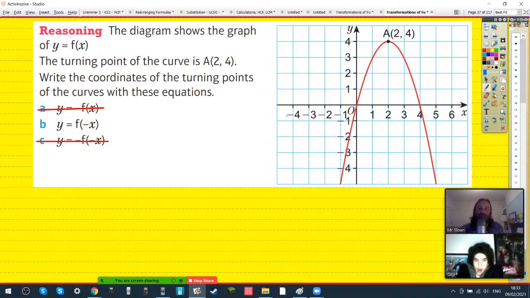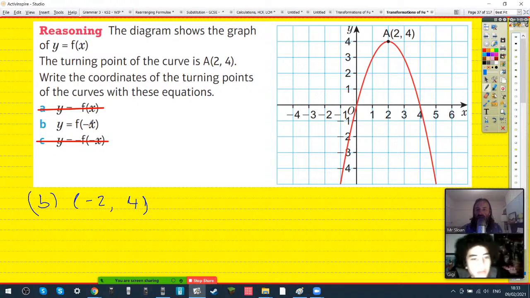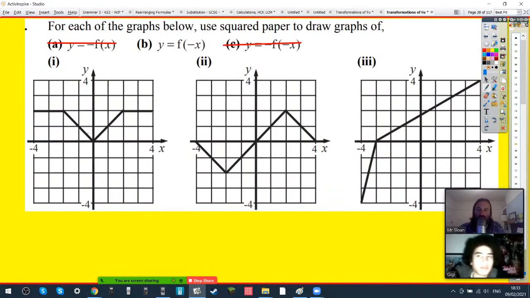Oh yeah, how about this one? It will be minus 2, minus 4. Minus 2 and 4 doesn't change. Oh, right. Only the x changes. Okay, so how can we apply that to a graph?